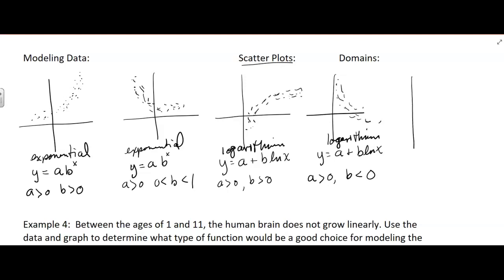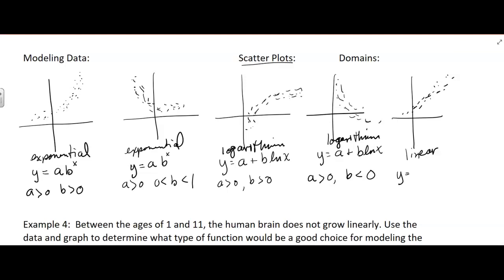And then it could be linear. You could just have your data points making a straight line like this. So that's a linear type function. Linear ones are great, but not everything's linear.